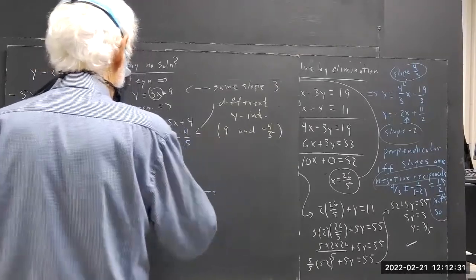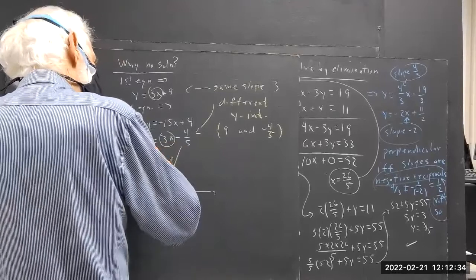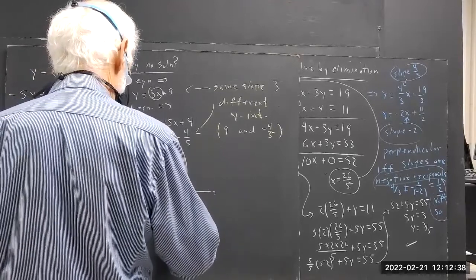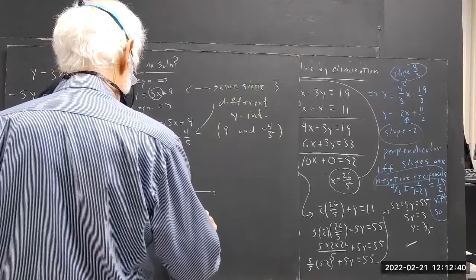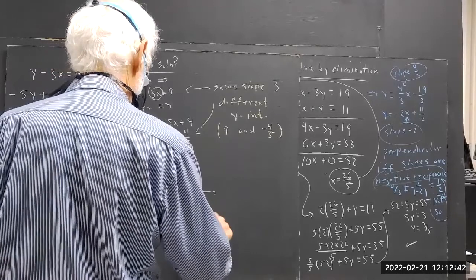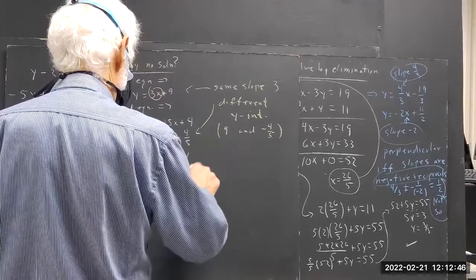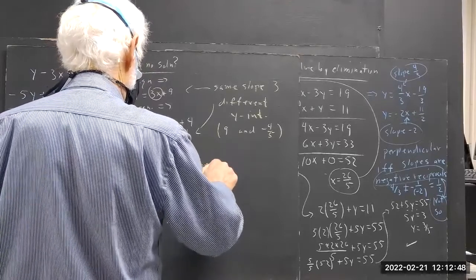And this one would be (0, -4/5), with a slope of 3.